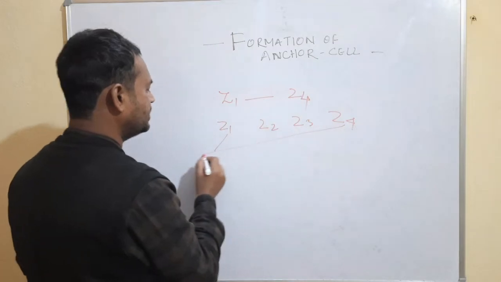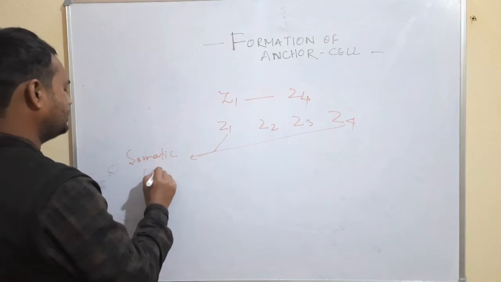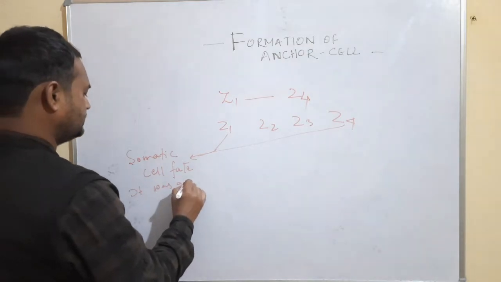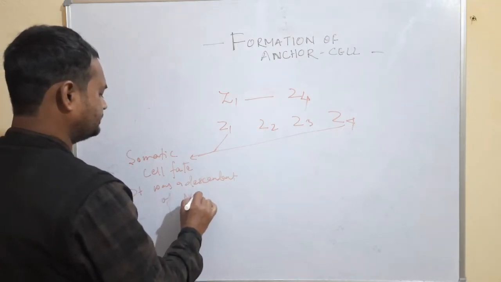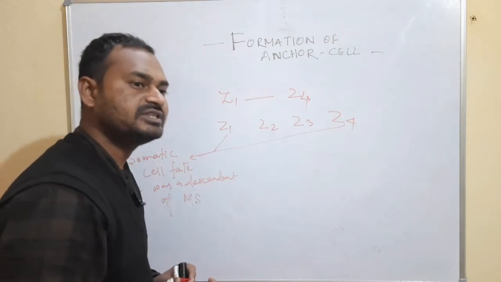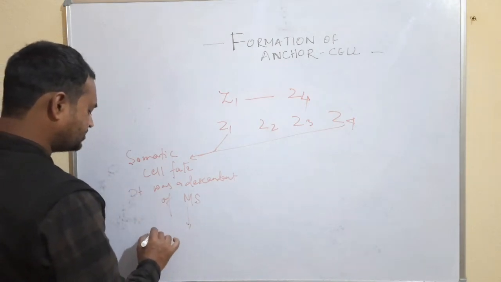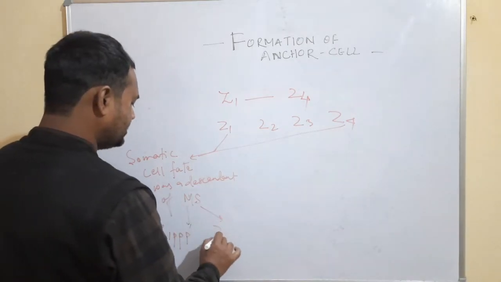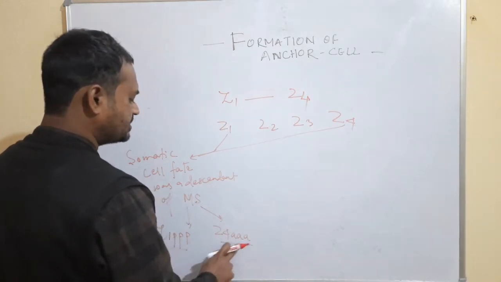Z1 and Z4 acquired the somatic cell fate and were descendants of MS. After a series of cell divisions, it acquired the fates Z1.ppp and Z4.aaaa. p stands for posterior, a stands for anterior.